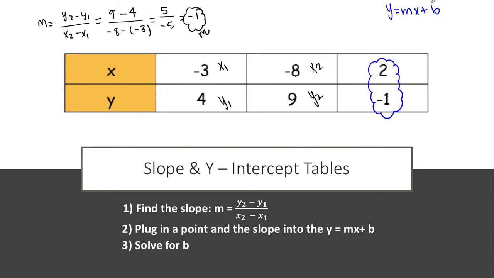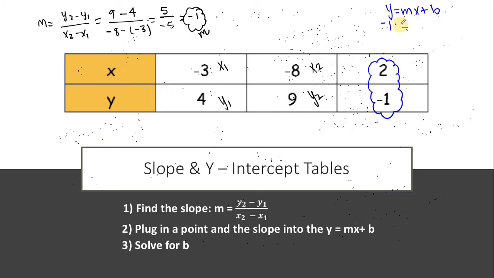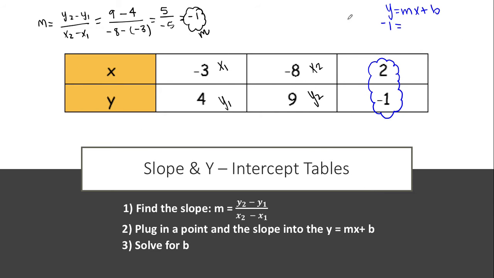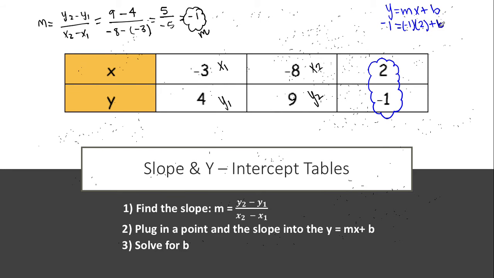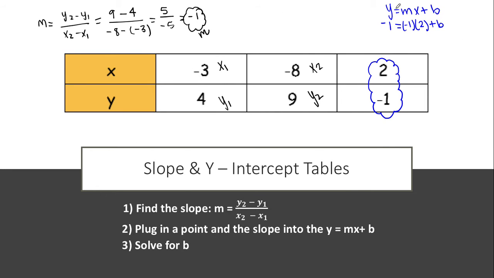I just don't know the b, the y-intercept. So I'm going to plug in what I know. Negative 1 is the y value, so negative 1 equals m, our slope, which is also negative 1, times the x value. Our x value is 2, plus b.